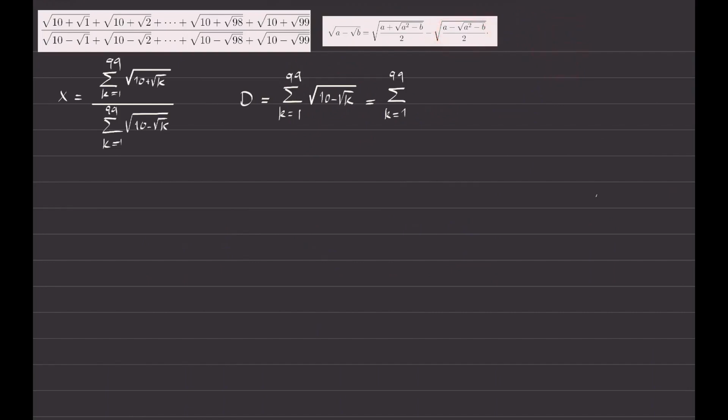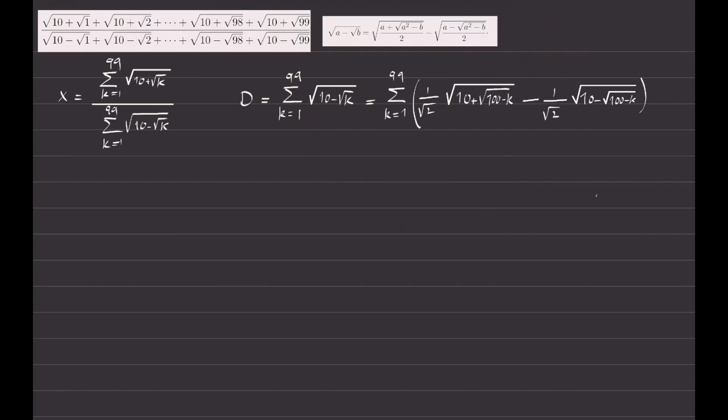So this becomes 1 over square root of 2 times square root of 10 plus square root of 100 minus k, minus another one similar: square root of 2 times square root of 10 minus square root of 100 minus k.